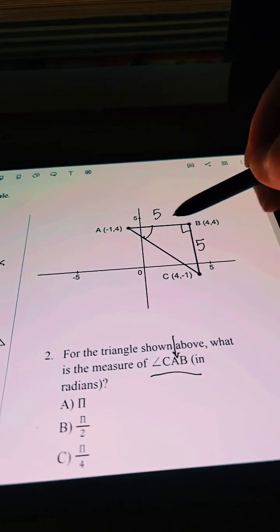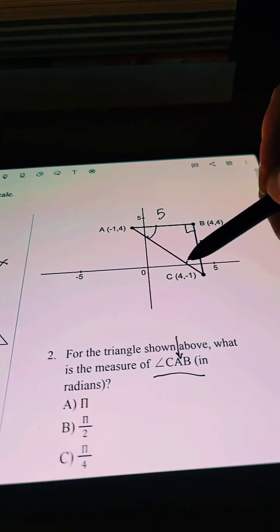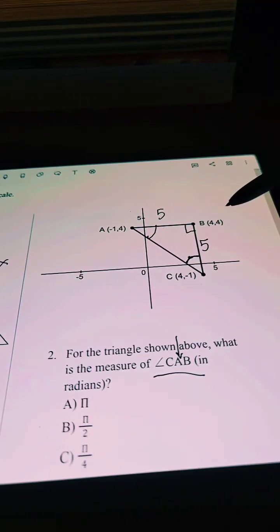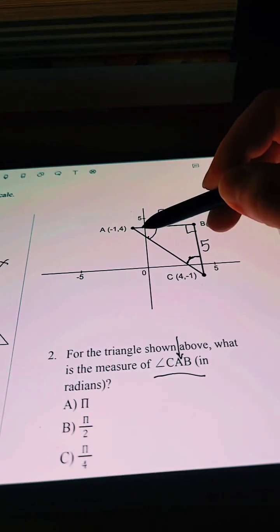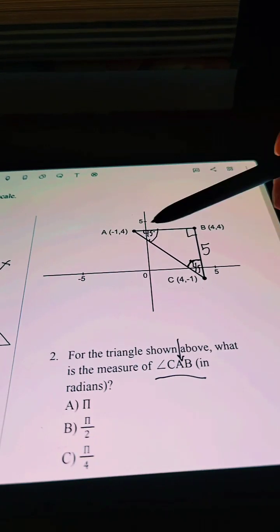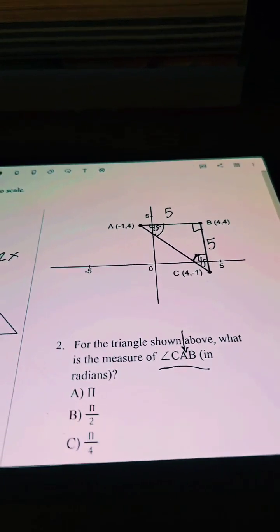We know that in a right isosceles triangle, the 2 angles that correspond to those matching sides have to be equal. So this angle has to be 45 degrees. This angle has to be 45 degrees because 45 plus 45 plus 90 adds up to 180 degrees in a triangle.